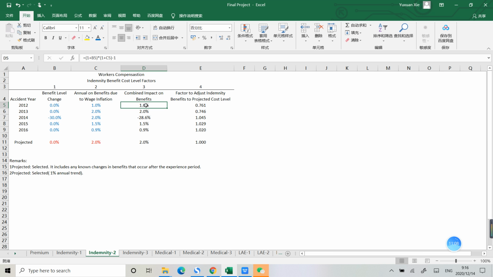Column 4 calculates the factor needed to adjust each historical accident year's reported losses to the projected level, and it is equal to 1 plus combined impact on benefits multiplied by the next year's factor, to adjust the indemnity benefits to projected cost level.